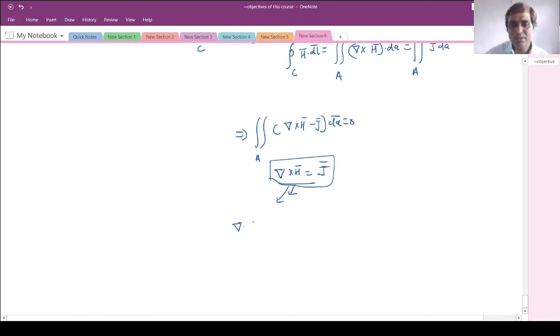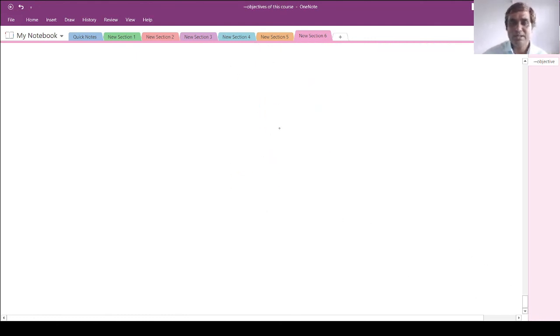The divergence of the current density, that is the flux coming out from the surface, will be equal to the negative of the rate of change of the charge density. Maxwell found that Ampere's law does not satisfy this.